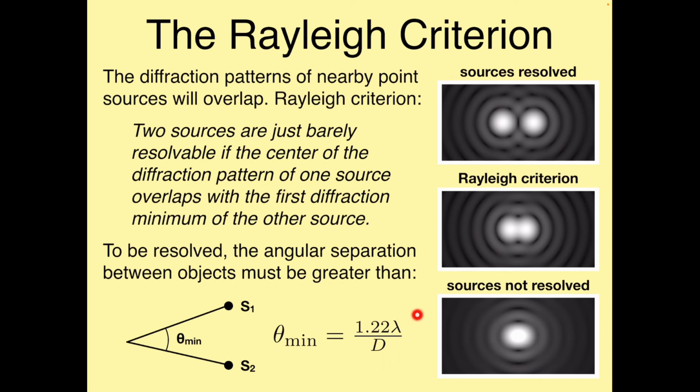Okay, this is what we saw earlier for the width of the airy disk. It's 1.22 times lambda over d. If the angle is bigger than that, we can resolve it. If the angle is smaller than that, then we can't resolve the 2 objects. Again, lambda is the wavelength of the light, and d is the diameter of the aperture that the light is going through. Okay, so this is the Rayleigh criterion.